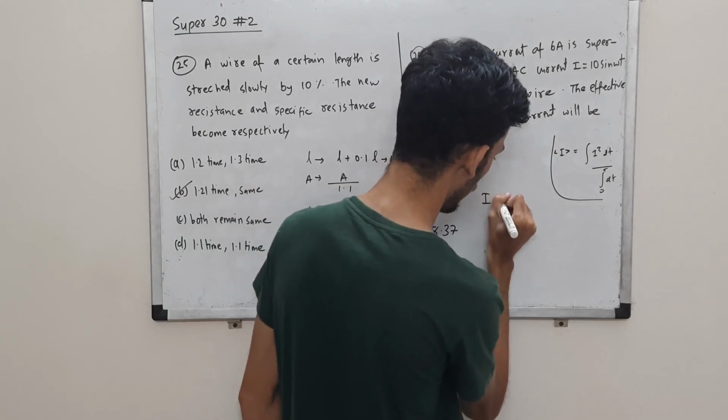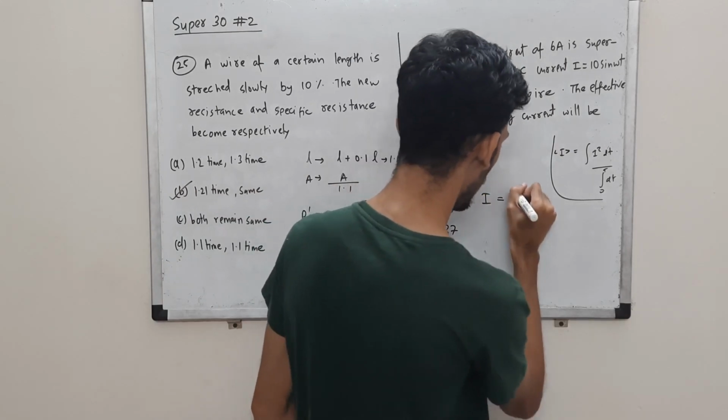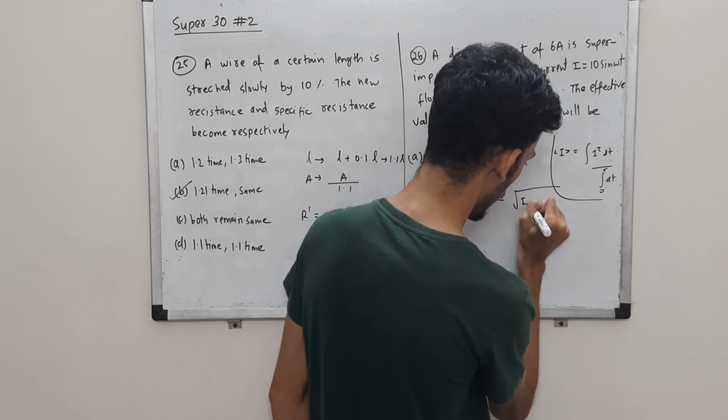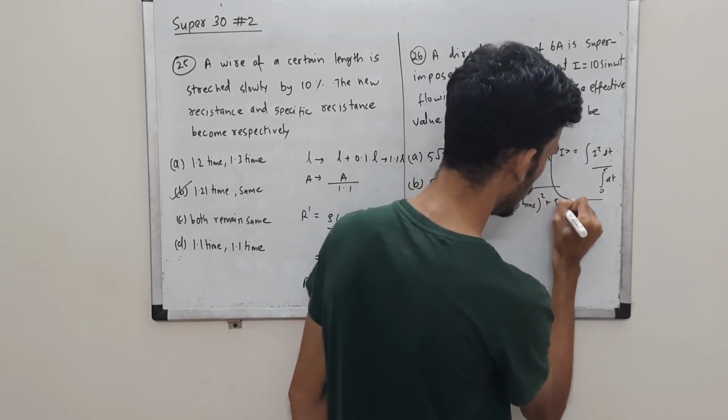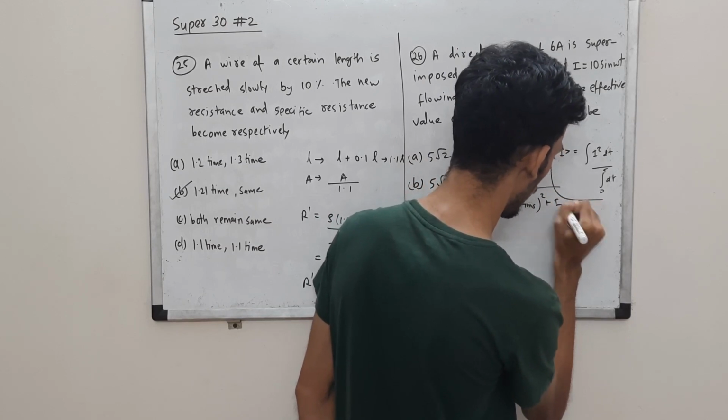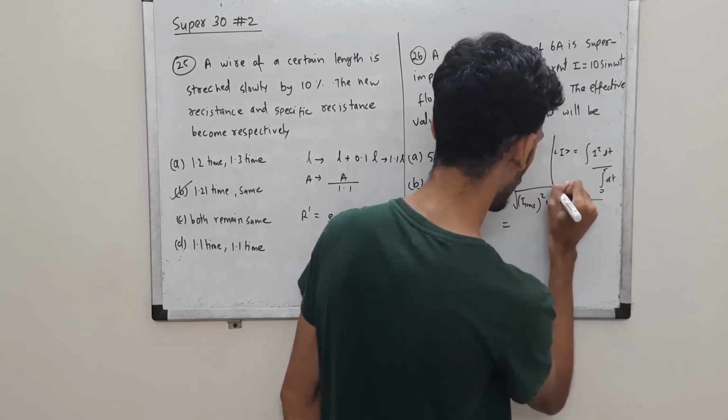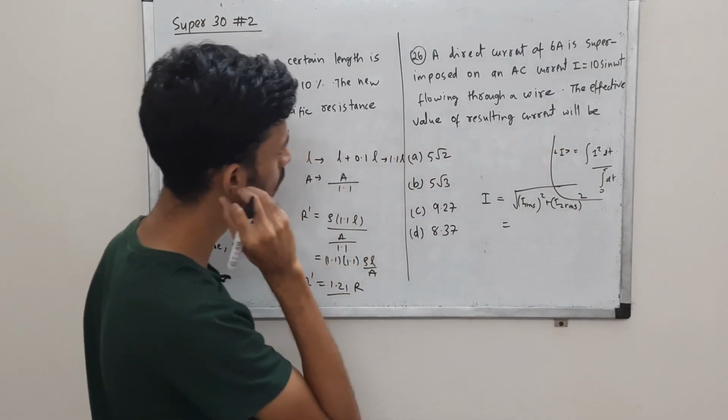I'll do it that way. So the effective current will be the root of I1 RMS square plus I2 RMS square, the root mean square of these two effective values.